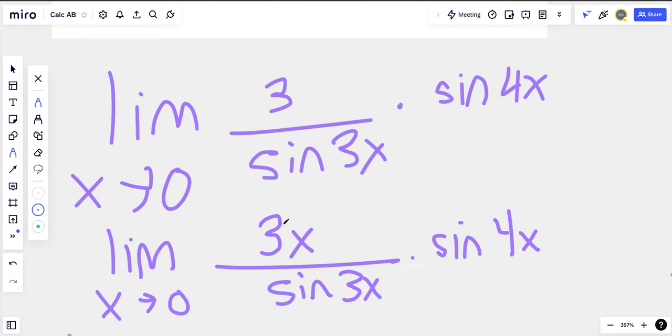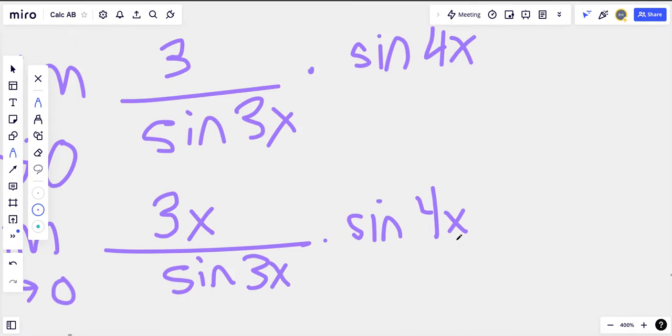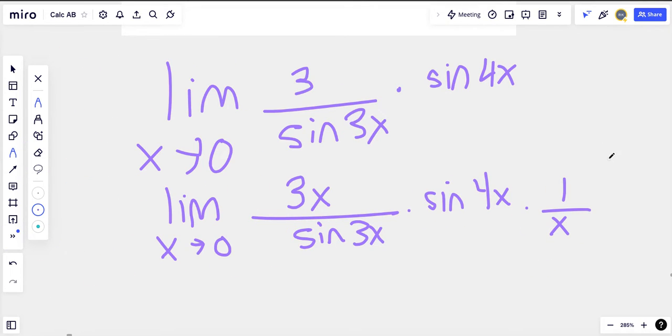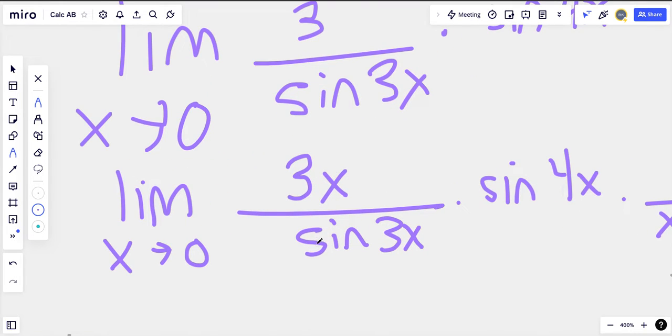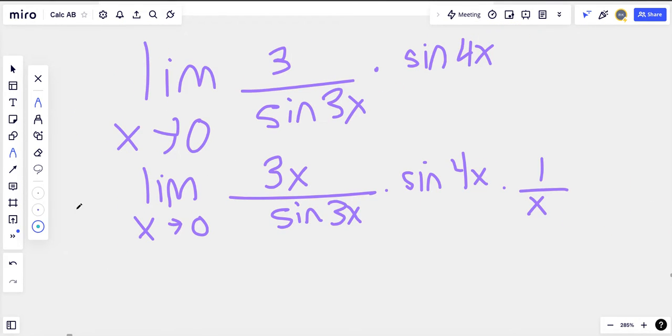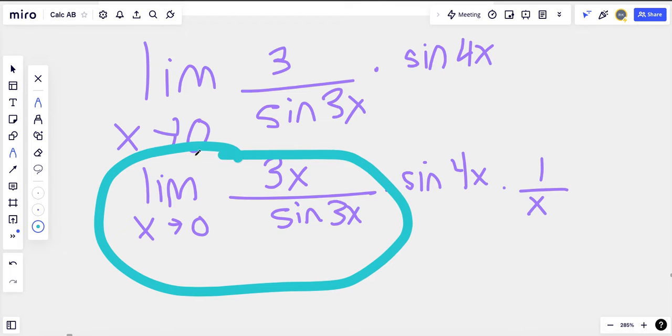But then because we multiplied this by x, we also have to multiply it by 1 over x as well. So when we see this sine of something over the same something as limit as x goes to 0, this whole term is just 1.